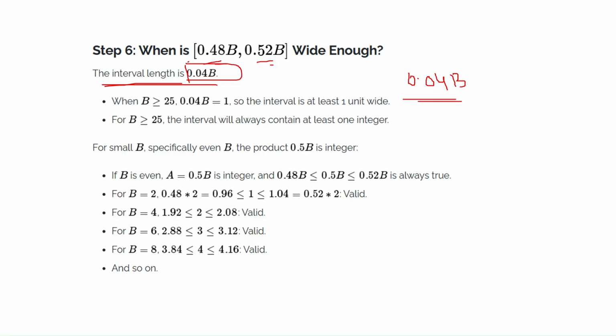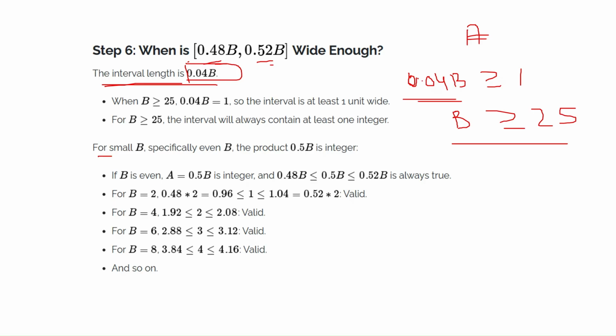So if 0.04b is greater than or equal to 1, the interval is at least one unit wide and there is at least one integer value lying in it. Which means that if b is greater than or equal to 25, we would have integer values for a lying in this range. So all values of b greater than or equal to 25 would satisfy this.